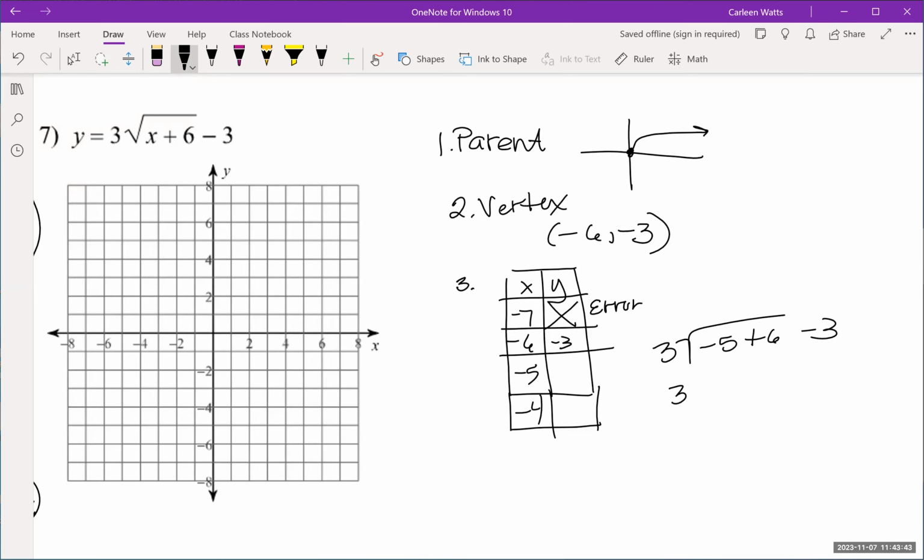Is 3 times the square root of 1, which is 3 times 1 is 3, minus 3, which is 0. So -6, -3, and then -5 is 0. Do you see A? Yes, it works. And -4, nah, it's going to give me a decimal anyway. I'm good. I have 2 points.